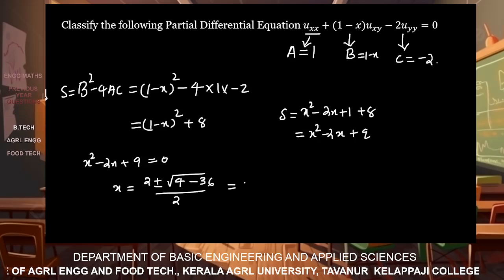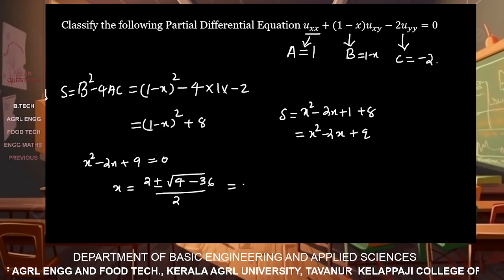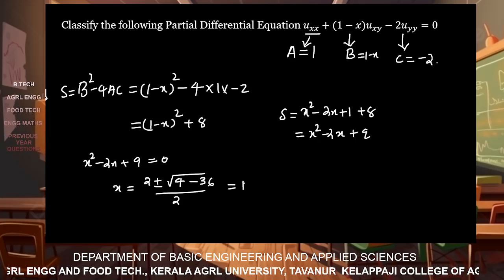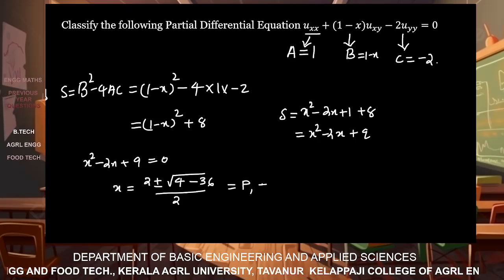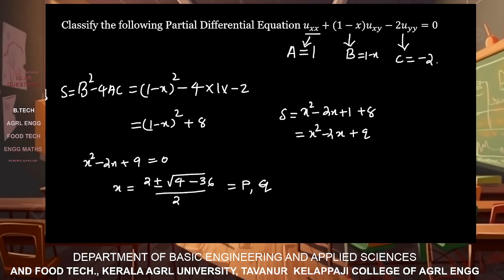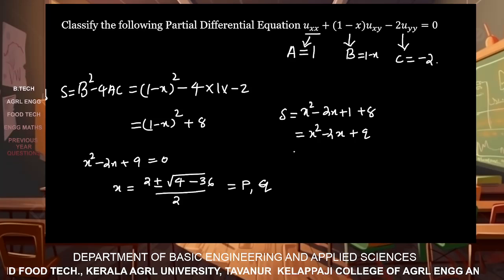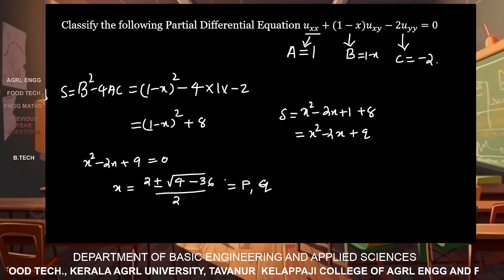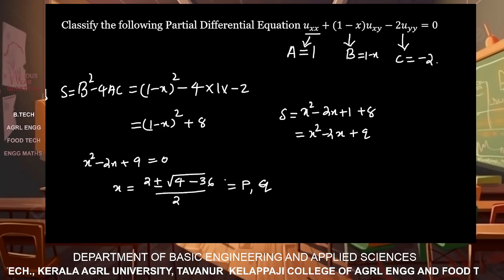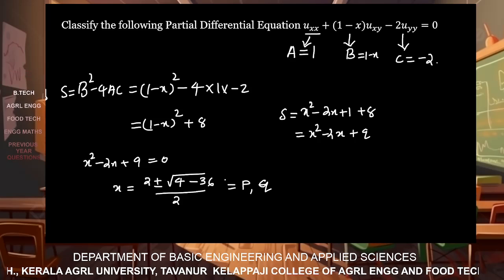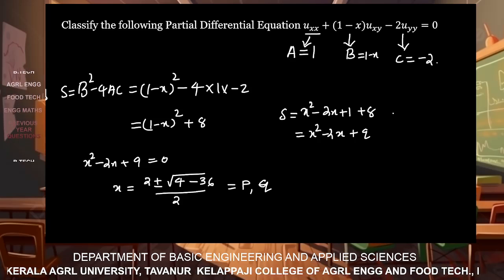So you will get some value. I'm not going to find it, let it be some p and q. So you will get two values, and for x equal to p and for x equal to q, for these two root values, we have s equal to 0.